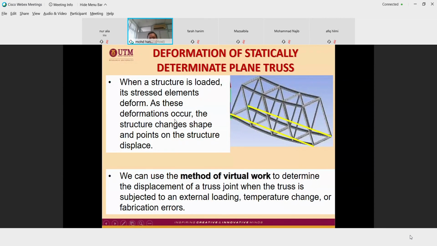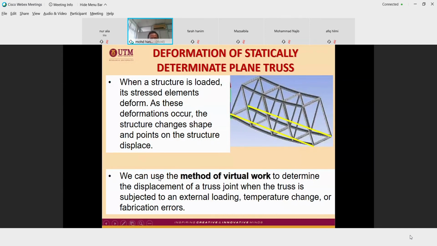This is the basic in your first topic, I think topic 1. And as this deformation occurs, the structure changes shape and points on the structure deflect. The whole structure deflects, because every member deforms, whether it shortens or elongates.